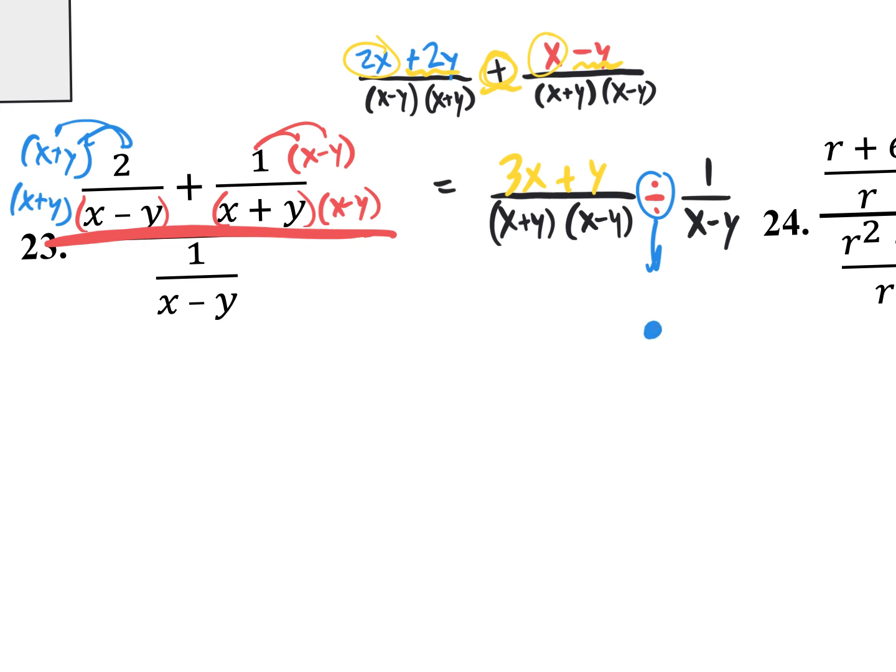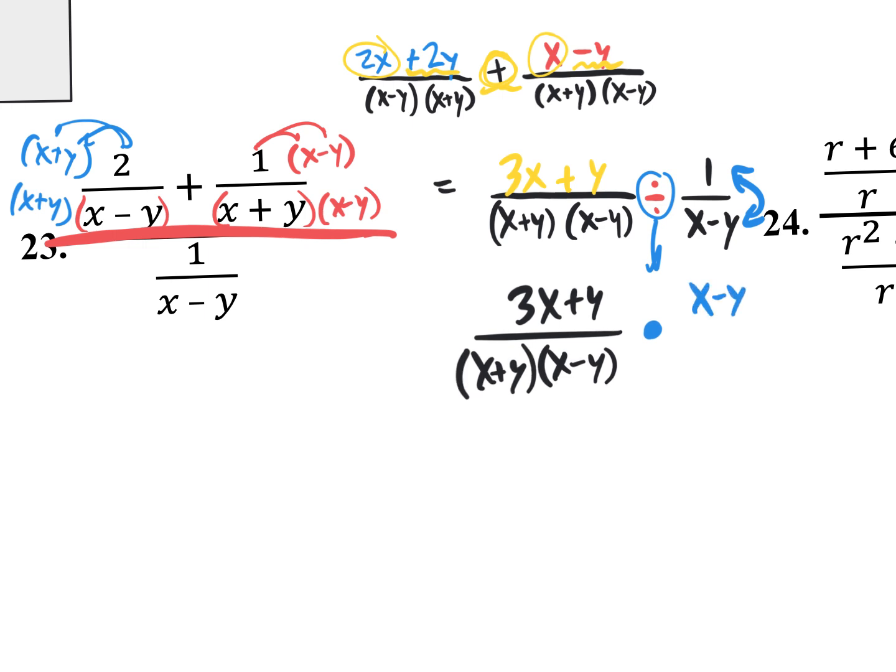So here's the multiplication, and we're going to flip this second fraction. So the first fraction is going to stay the same, 3x plus y over x plus y, x minus y. And the other one flips to x minus y up on top over a 1.